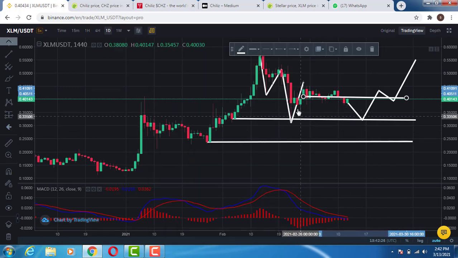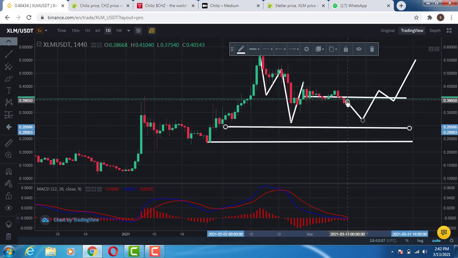Your stop loss should be the previous support, not the immediate support. So your stop loss should be around this zone, so that it can give your trade enough room to breathe. Then for your take profit target, you can use your Fibonacci levels, specifically the Fibonacci extension level, to know your profit target.